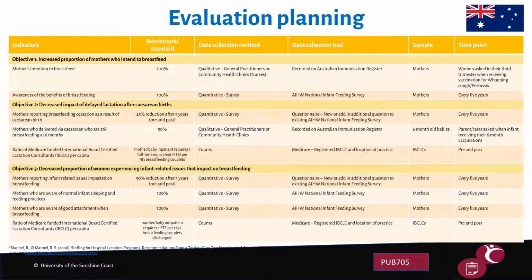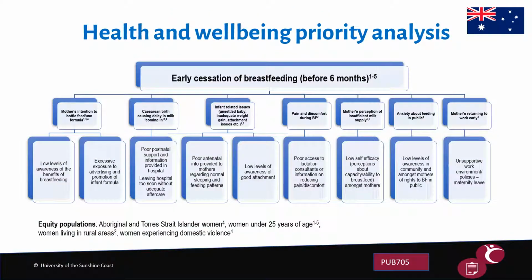You'll be thinking about the best data collection method to collect data, whether primary or secondary data, to evidence the change, and the actual tool that you might use to collect that data, who you're going to get your data from, so your sample, and at what point in the life of a program. So we'll be doing that in assessment task 3.